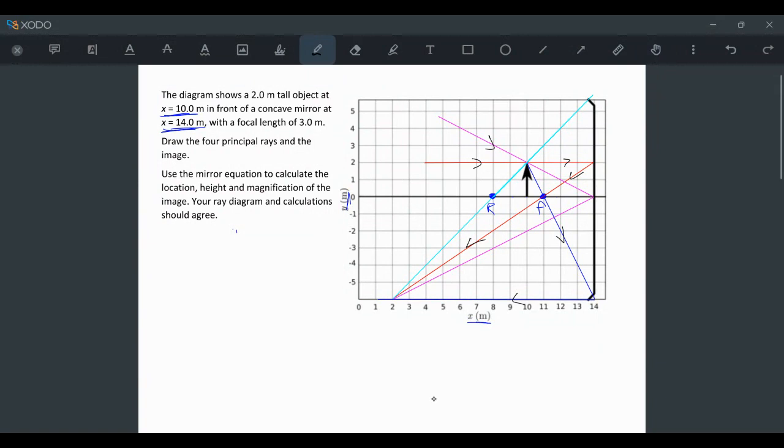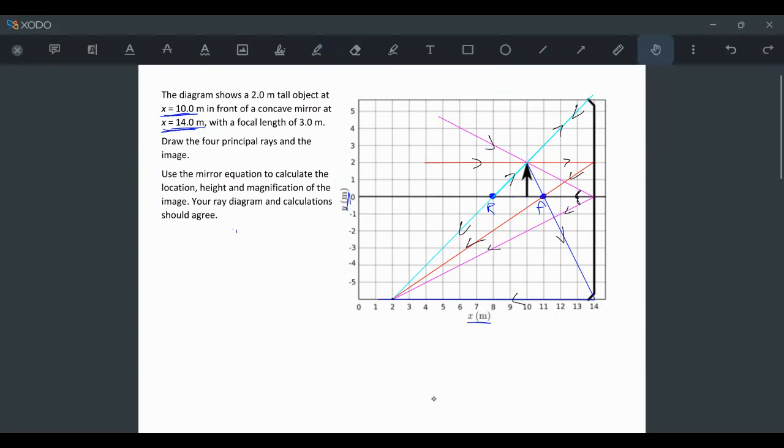A ray that's incident at the center of the mirror on the optical axis reflects at the exact same angle. You can see here this angle and this angle are the same. And a ray that is incident through the radius of curvature reflects and then goes back along the same trajectory. And these all overlap right here.